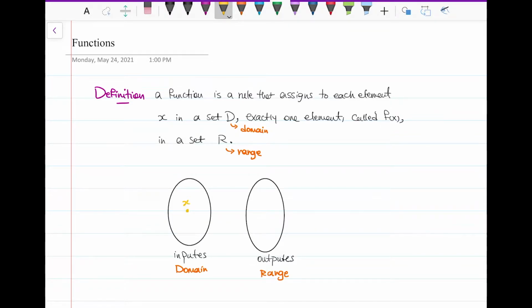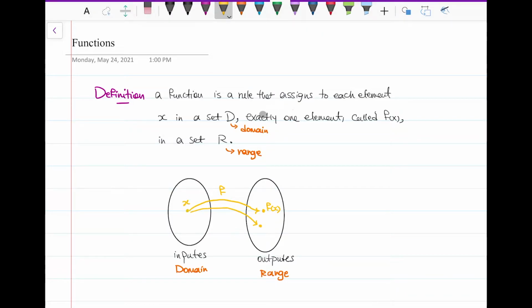So one element x by the rule f goes to another element that is called f of x in the output set. If the element x goes to another point or another element in the output set, then in this case we don't have the function.